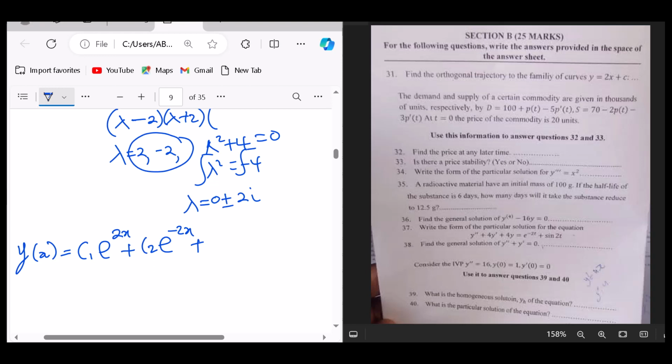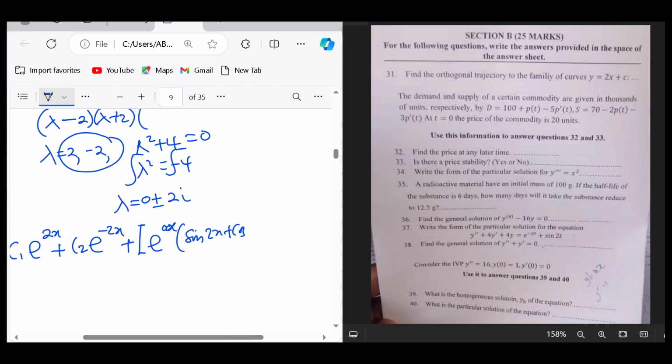Then plus, since our alpha is actually 0, we write e power 0x times the bracket of sine 2x plus cos 2x.